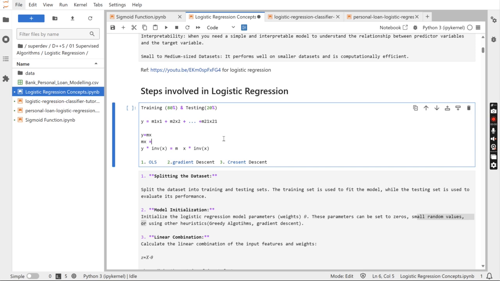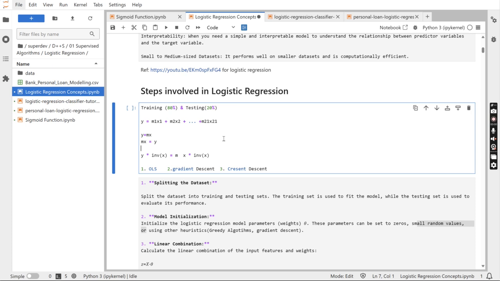Or you can write this equation as mx equals y, multiplying by x and dividing by x on both sides: mx divided by x equals y divided by x. So basically I am dividing the equation on both sides by x.